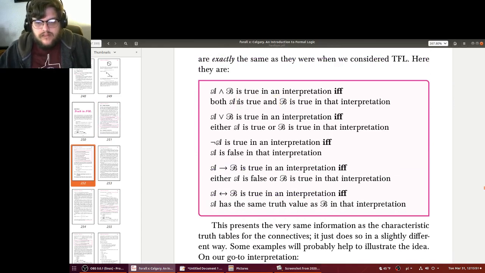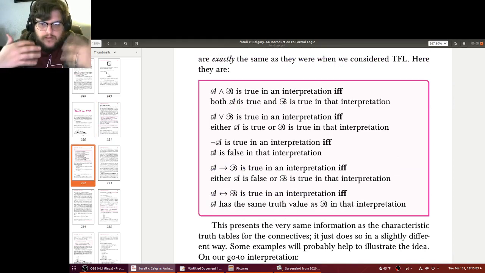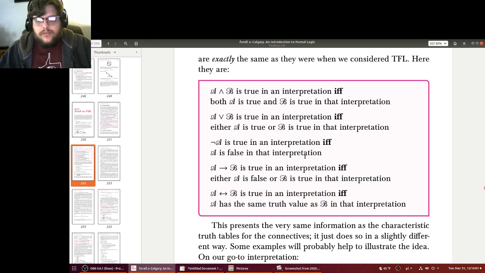Because for an and, both things have to be true to be true. Or, not, implies, if and only if all work the same as before, except now we're couching it in terms of an interpretation, and you have to go back to the interpretation at all times in order to determine semantic questions of true and false.